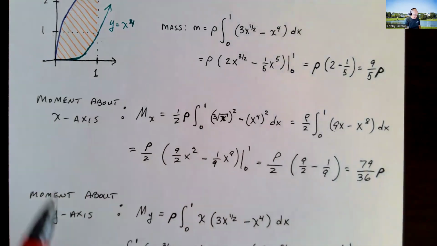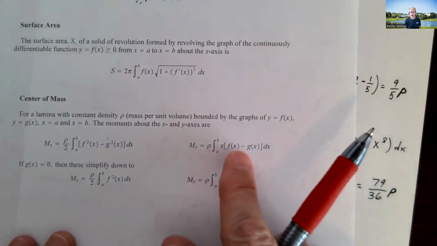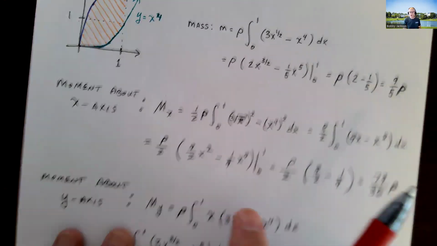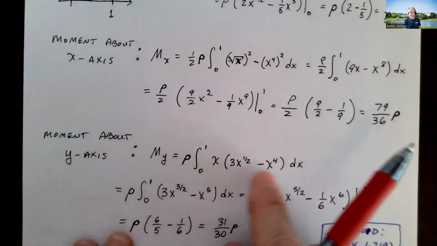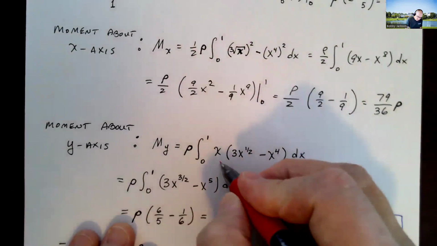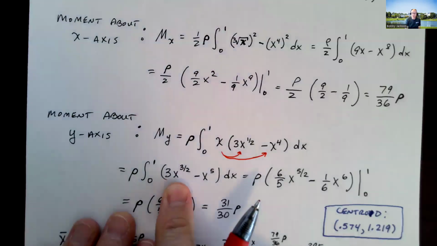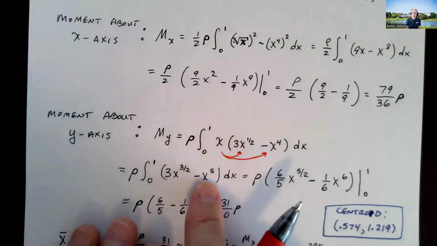The moment about the y-axis, I'm just going to do x times the top minus the bottom function. So here I've got x times the top function, remember, is this, bottom function this. Go ahead and distribute this through before we integrate, of course. Get 3x to the 3/2, right? 1 plus a half, and then x to the 5th here.